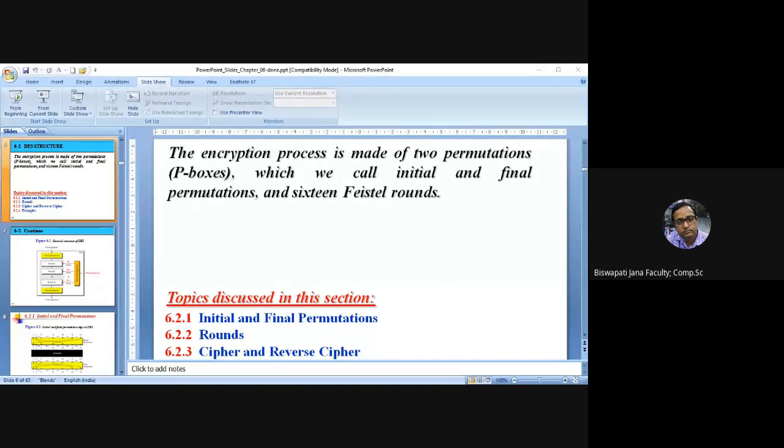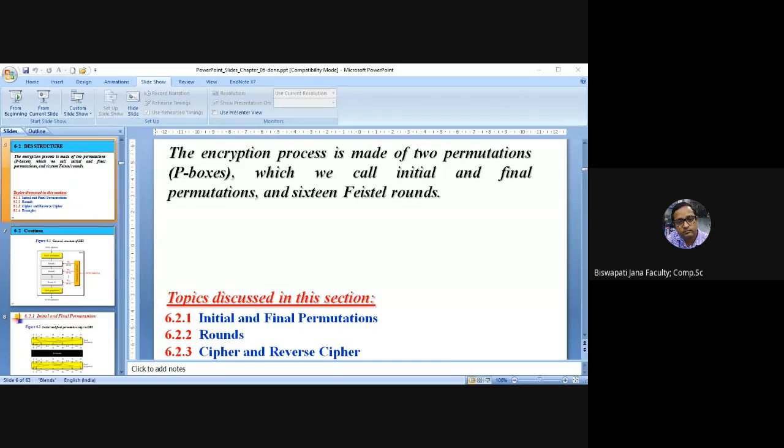So for the first round we take a 48-bit key. Then for the second round, again we take another 48-bit key, meaning you can generate another 48-bit key using this 56-bit key. And in this way, K1 to K16, 16 keys are used to encrypt the message. And there are also 16 rounds.